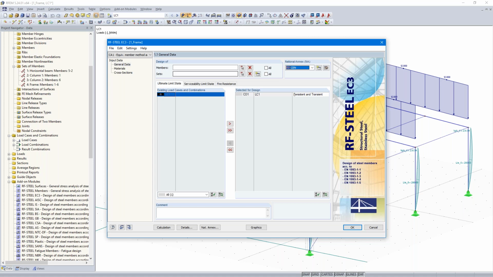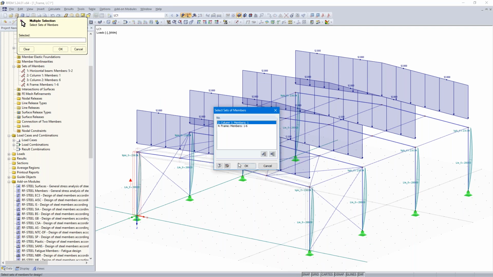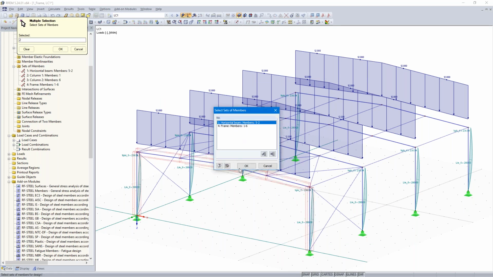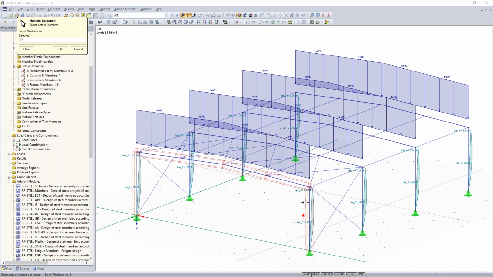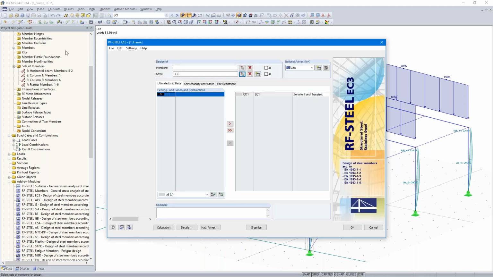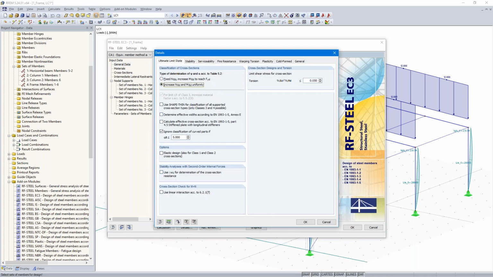Okay, then sets of members. The left column, the horizontal beam, and the other column. Okay, 1, 2, 3. Then I go to the detail settings. Here, as you can see, elastic design.